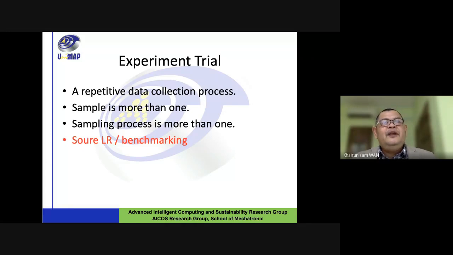The sample must be more than one, because we cannot draw a conclusion from only one sampling. Of course, for the experimental trial, in the hypothesis you need to decide how many trials. This must be benchmarked with articles published by previous researchers.